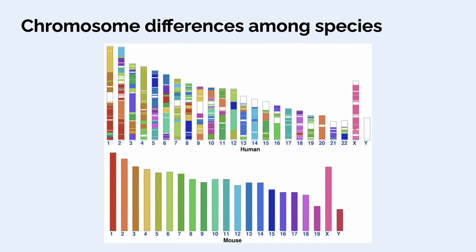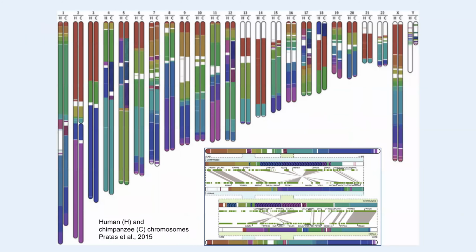Okay, so we have different gene content, also different chromosome number. Mouse has 20 sets of chromosomes, we have 23. A little more similar set of organisms would be comparing human and chimpanzee. That's the H and the C here. And we share a common ancestor only a few million years ago. And humans and chimps have a lot more genetic information in common.